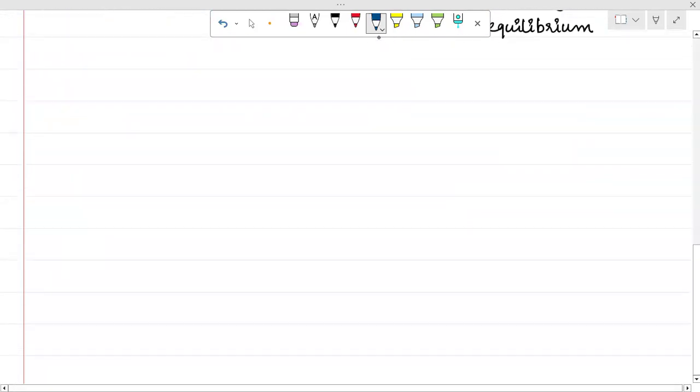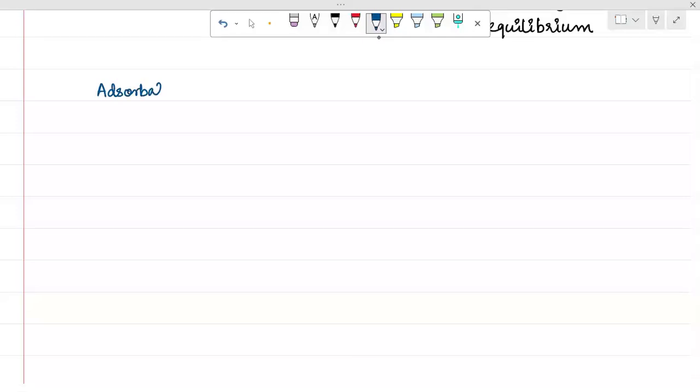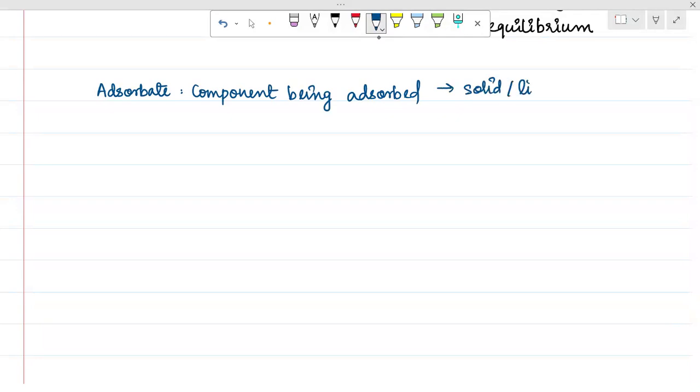Adsorbate and adsorbent. So adsorbate is the component being adsorbed, and those components can be solid, liquid, even gas. While adsorbate is what we have written.